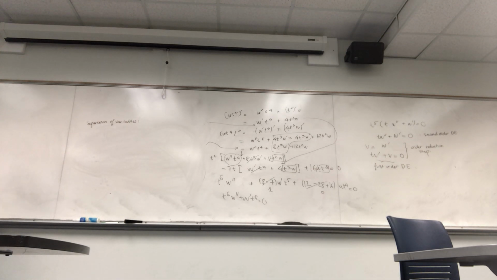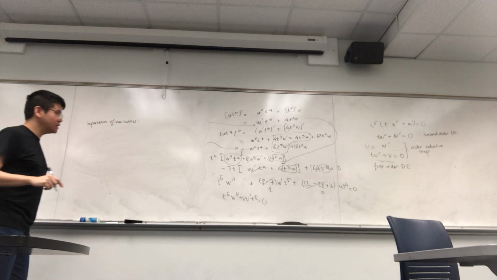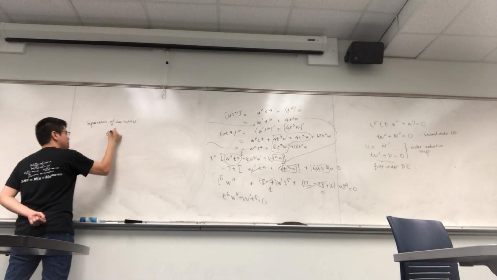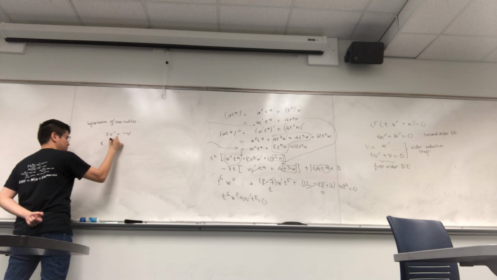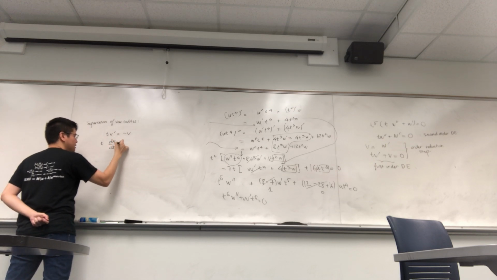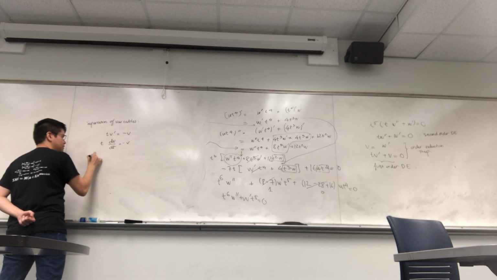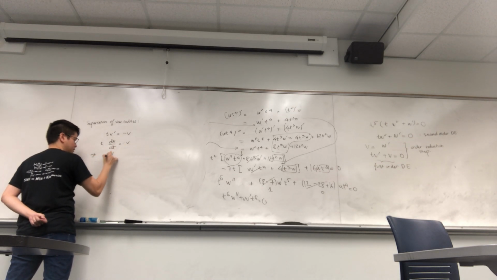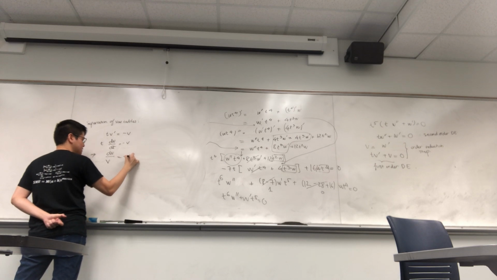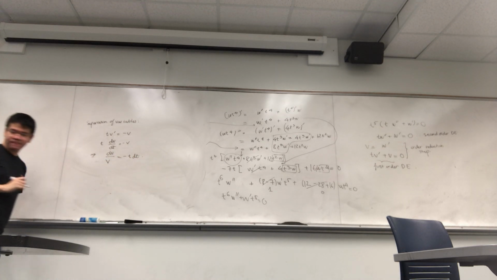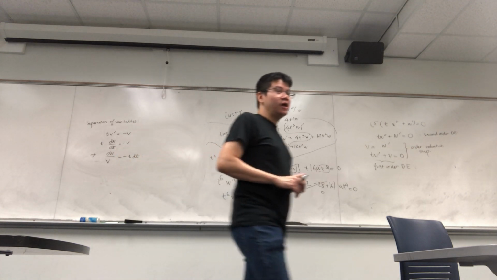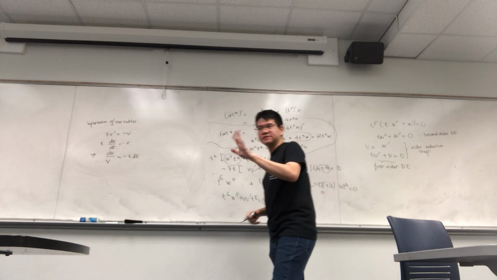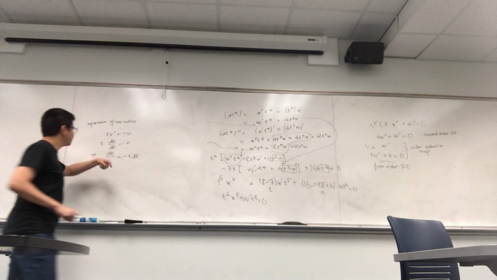Alright, so now you're going to use the separation of variables method to solve this equation. You have t v prime is equal to minus v, which means that t dv/dt is minus v, which means that dv over v is minus dt over t, right?